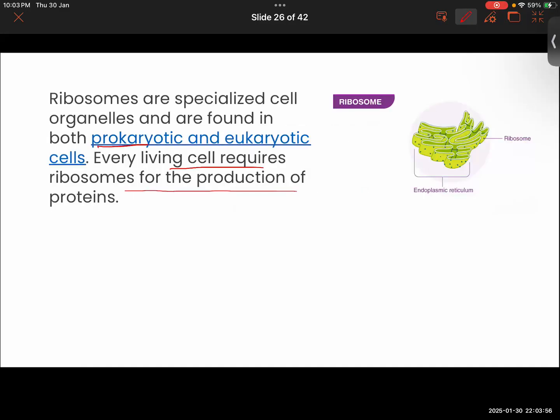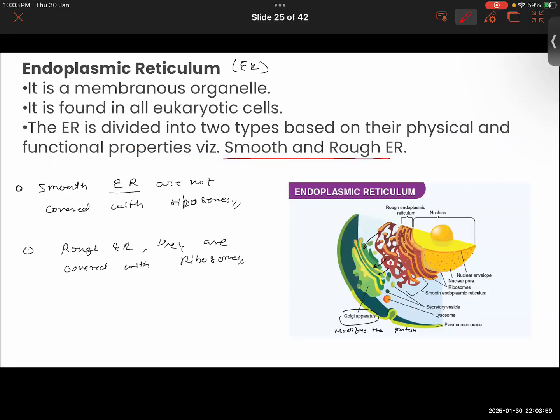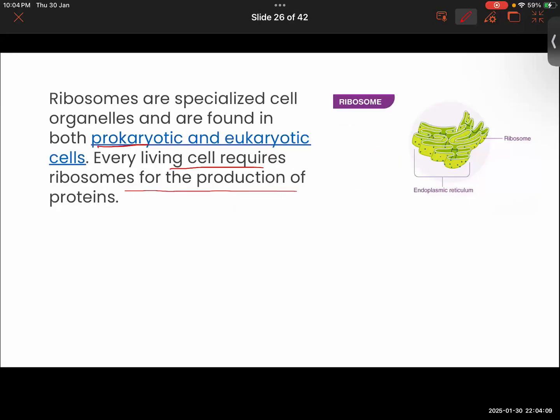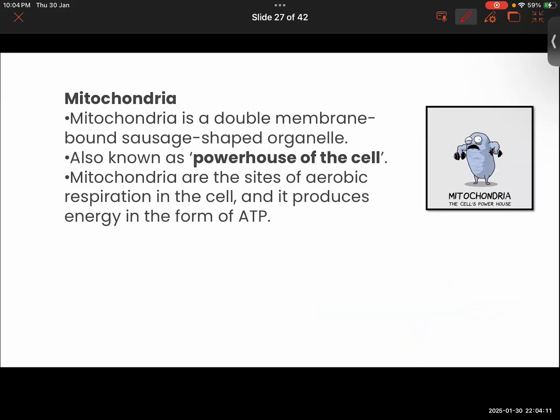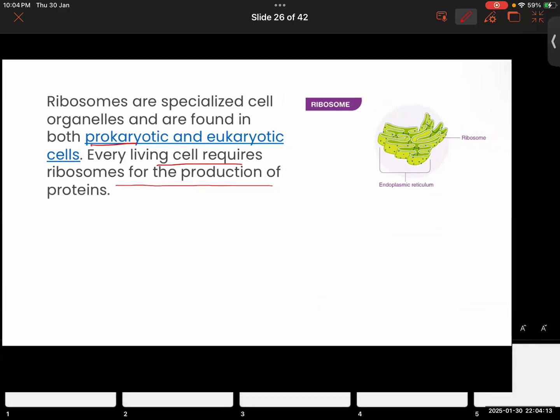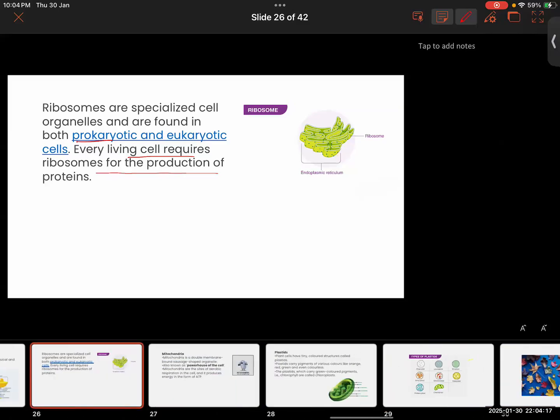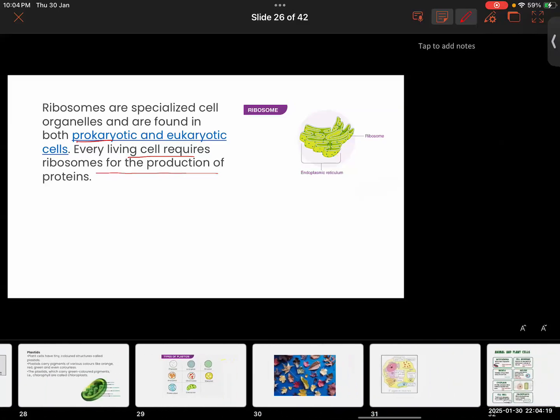The other organelles that you see have only one boundary around them, but it has a double boundary. So it's a double membrane bound sausage shaped organelle, as you can see in this diagram particularly. One minute. Over here, you can take a look at the actual diagram of this mitochondria.